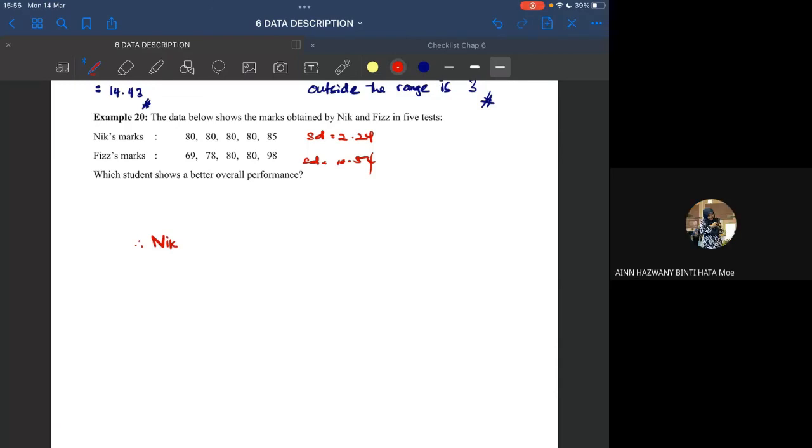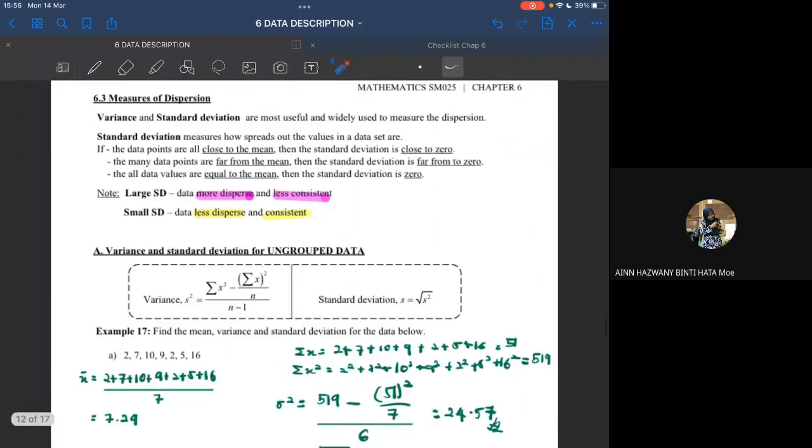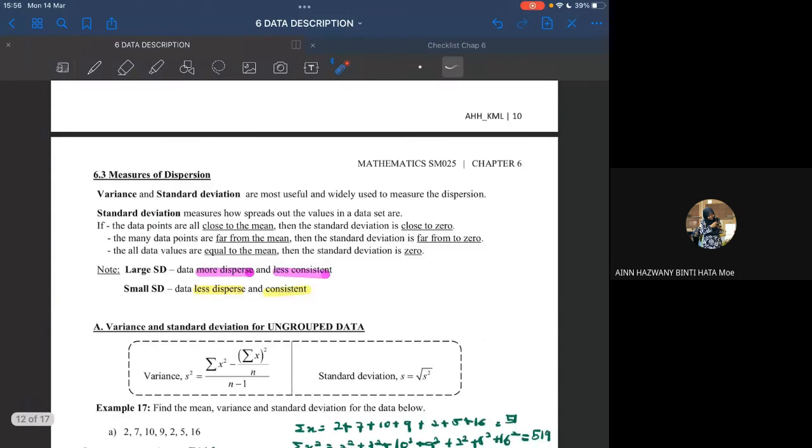Okay. So kalau kita tengok, Nick punya standard deviation lagi kecil daripada Fiz punya standard deviation. So macam kita concludekan tadi, the smaller the standard deviation, the data is more consistent.